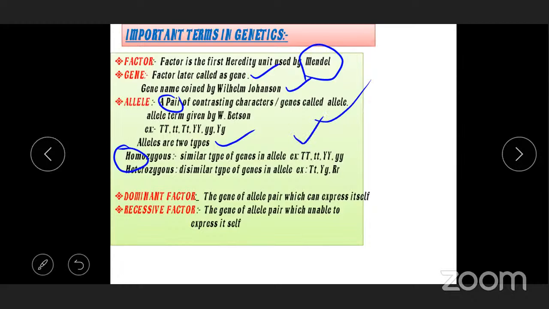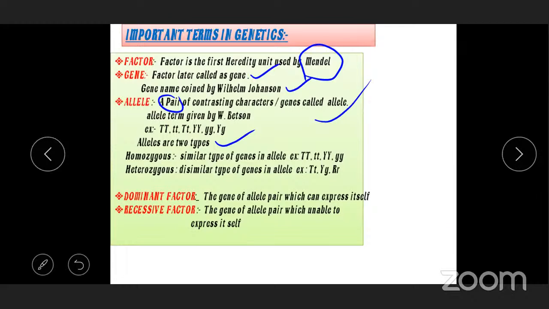See the examples: capital T, capital T, both are similar in nature. Small t, small t. Capital Y, capital Y. Small y, small y. Similar genes present in a pair in an allele are known as homozygous.